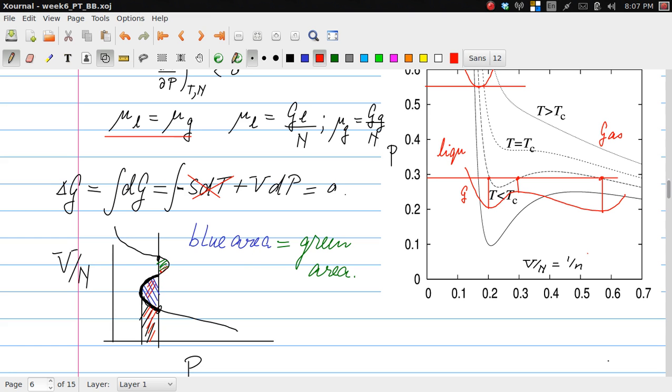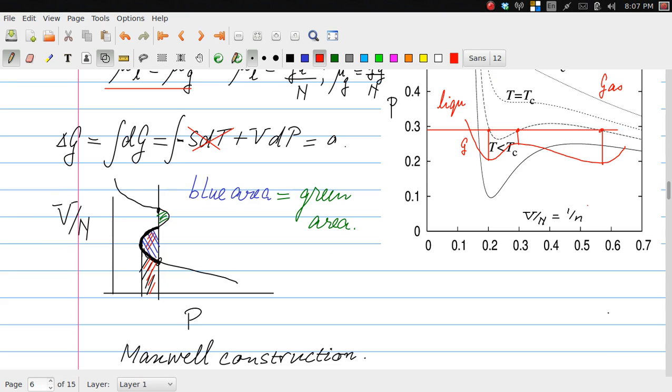And it works exactly the same for the second part of the curve. So what we should find, if this is really 0, is that the blue area should be equal to the green area. They are opposite in sign, and so their values should be equal in order to have the free energy difference vanish if we go from here to there. And this condition, this equal area prescription, is known under the name Maxwell construction.